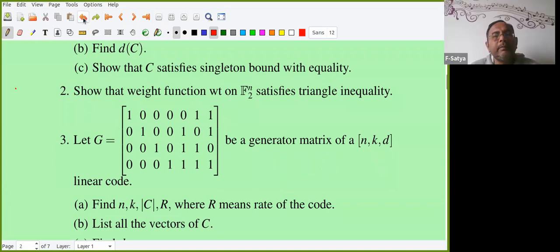Because of that, the dimension of the code is 4, so the basis is these 4 vectors. So the cardinality of C is equal to 2 power k. This is in general. You know the k value. So what is the answer now?